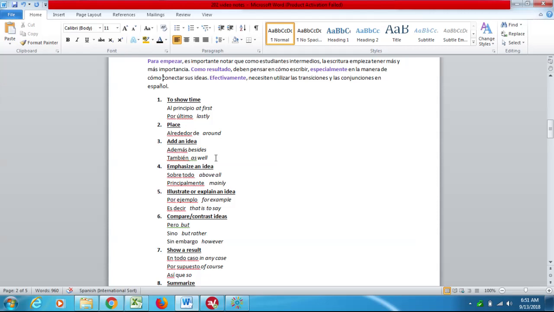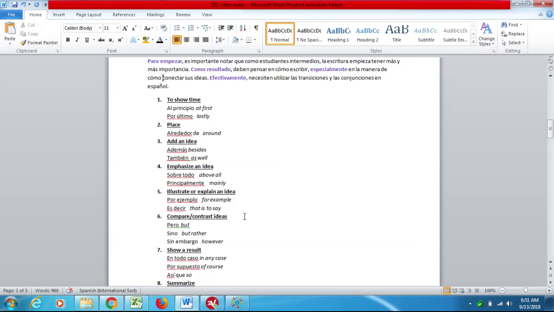To add an idea, además, también, which you've likely heard también by now. To emphasize an idea, sobre todo, principalmente. To illustrate or explain an idea, por ejemplo, es decir.